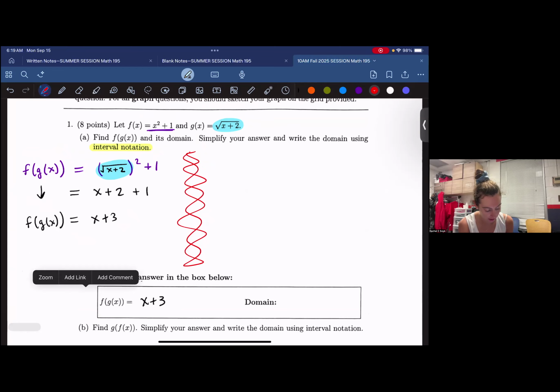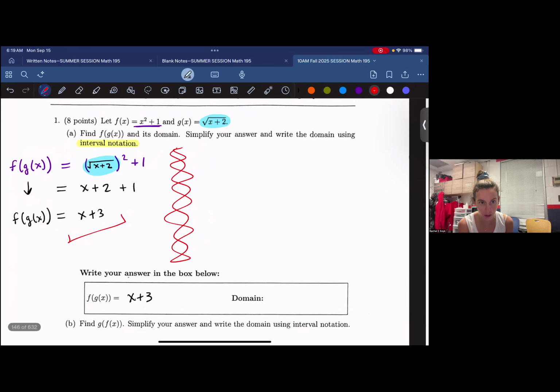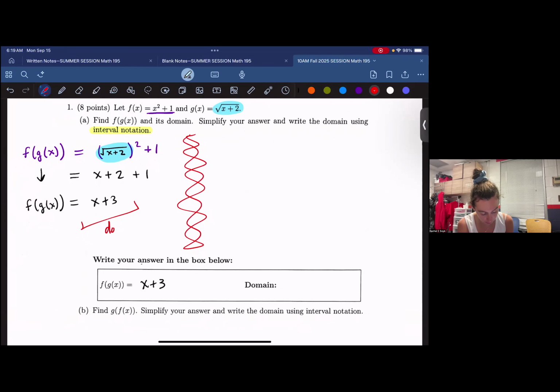So we kind of did half of it already. We know that the domain of x plus 3 is all real numbers, negative infinity to infinity in interval notation. But we also want to find the domain of our g of x, which is square root of x plus 2.